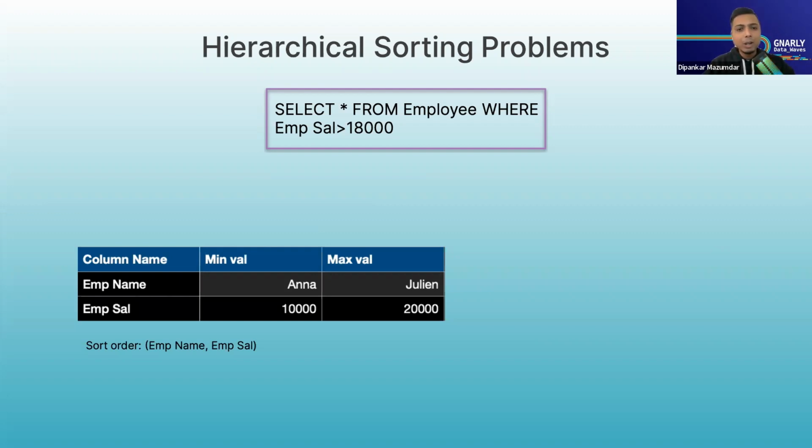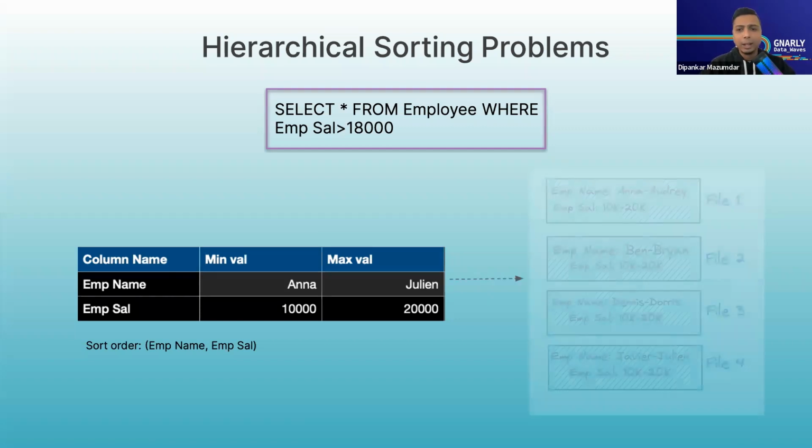Consider that the table now has two columns, employee name and employee sal. The range of the employee name column is Anna to Julian, and employee salary is 10 to 20K. Now if we sort this table in the order of employee name first and then employee salary, and rewrite it into 4 evenly sized files, the files may look something like this.